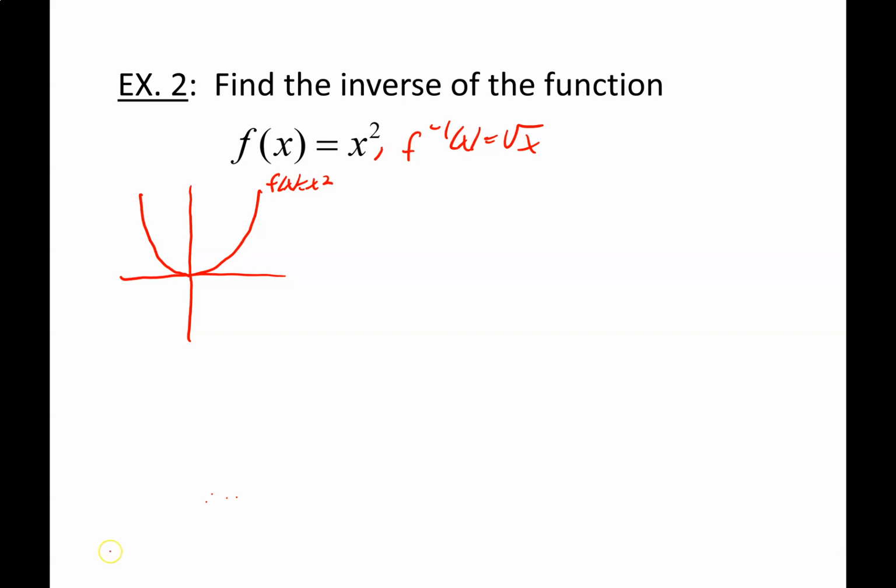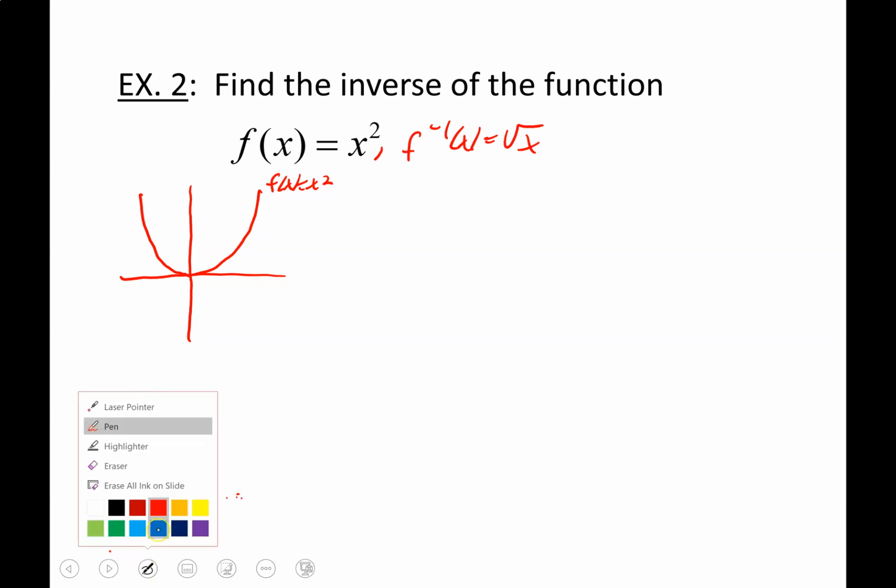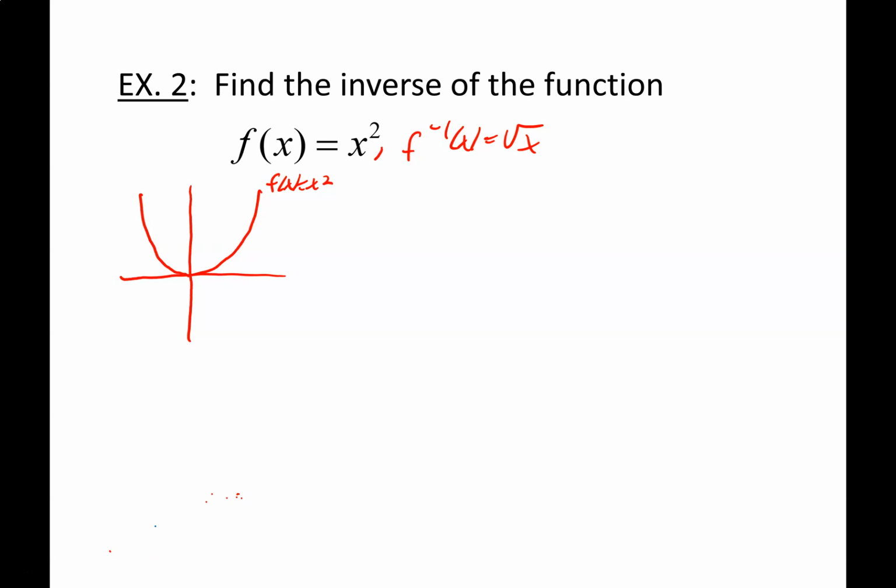Here, while this does in fact pass the vertical line test, it's not a one-to-one function. It wouldn't pass the horizontal line test because a horizontal line would intersect it in more than one point. So that's going to end up being kind of problematic for us.